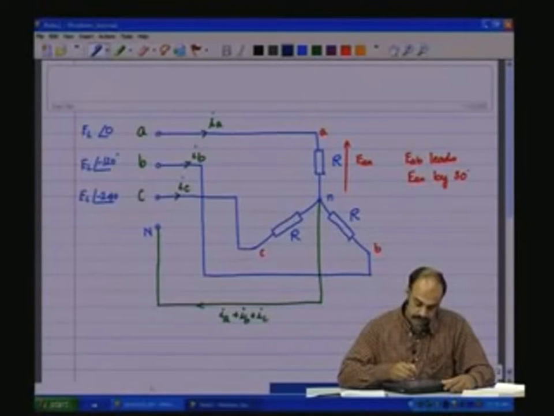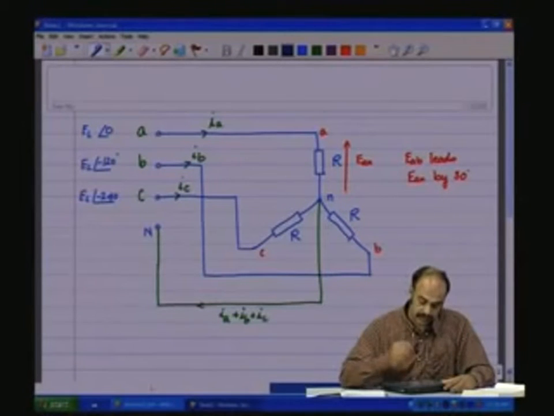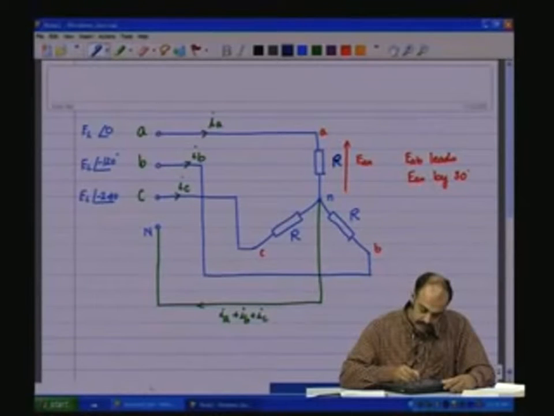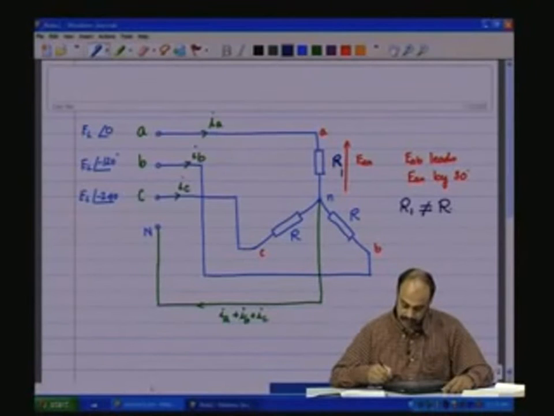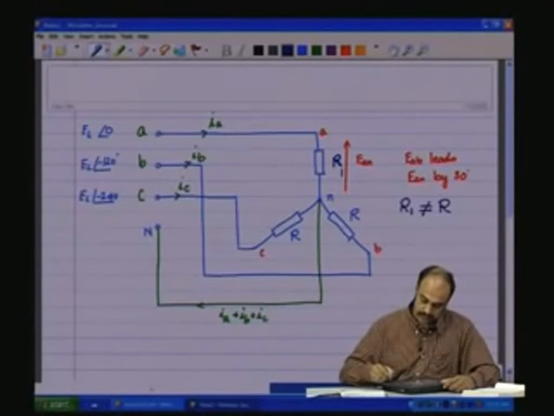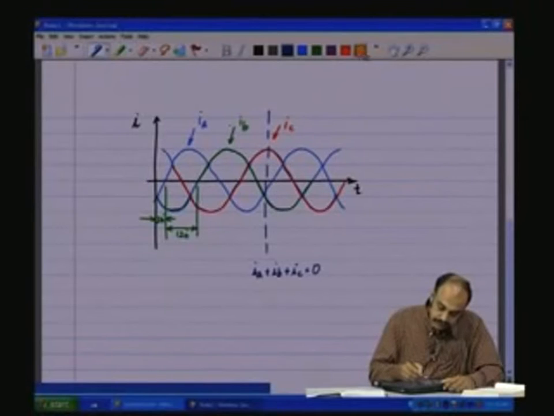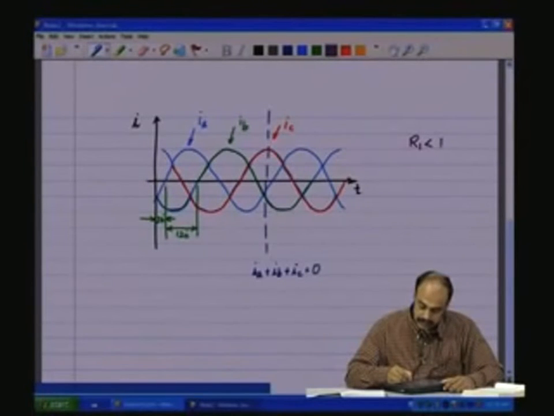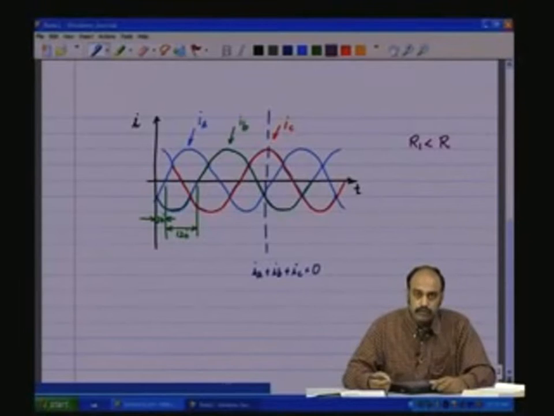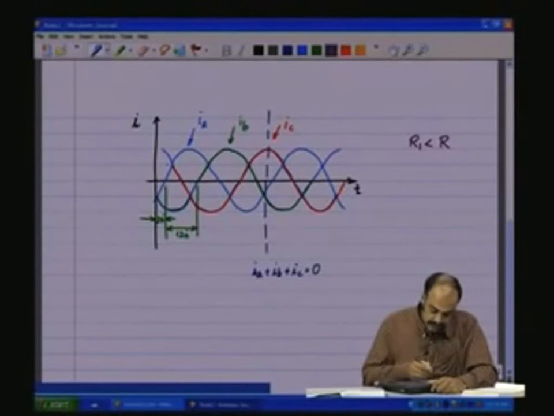So, let us say that the R connected to the A phase is, instead of R, R1, and R1 is not equal to R. So, what happens is that, let us say R1 is lesser than R, which means more current or more IA flows through the R1 resistance.